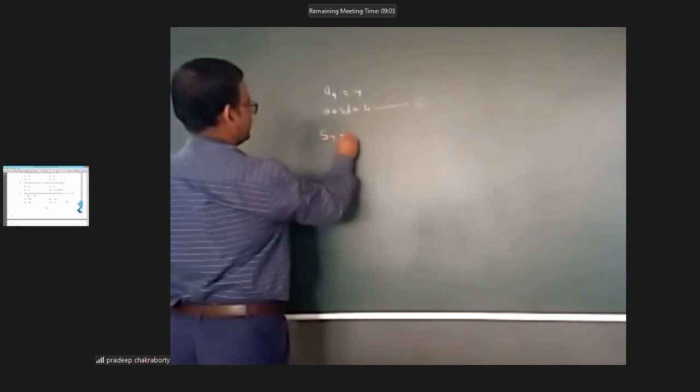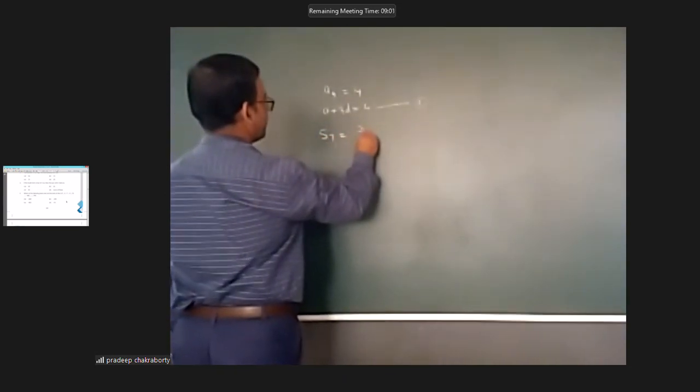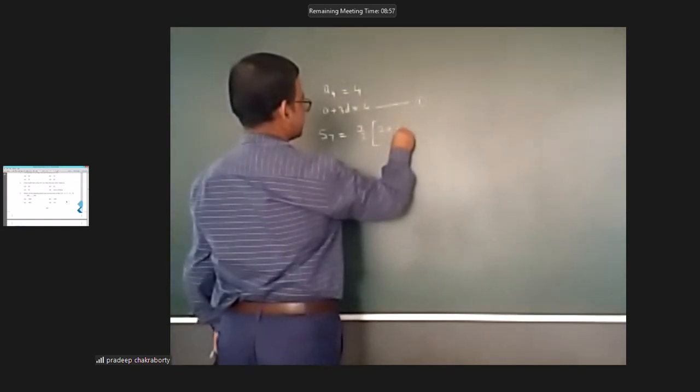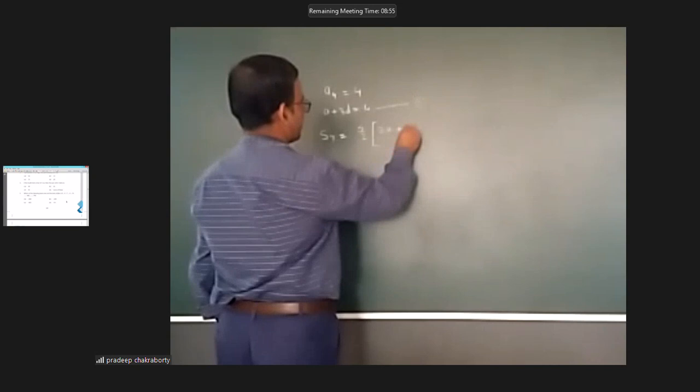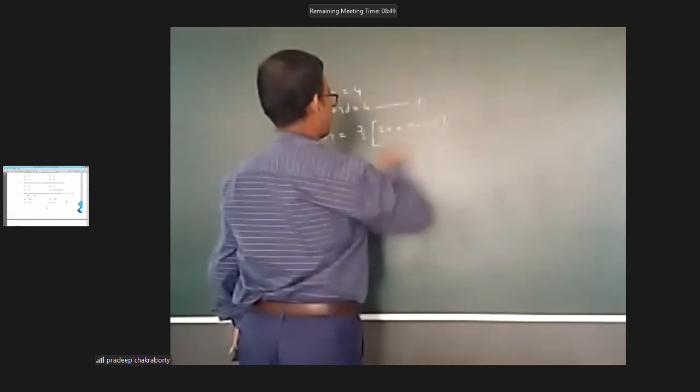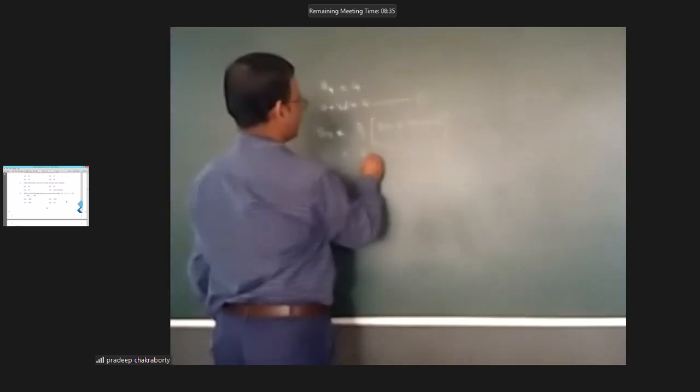S7 will be 7 by 2, twice a plus n minus 1 times d. n is 7, so 7 minus 1.